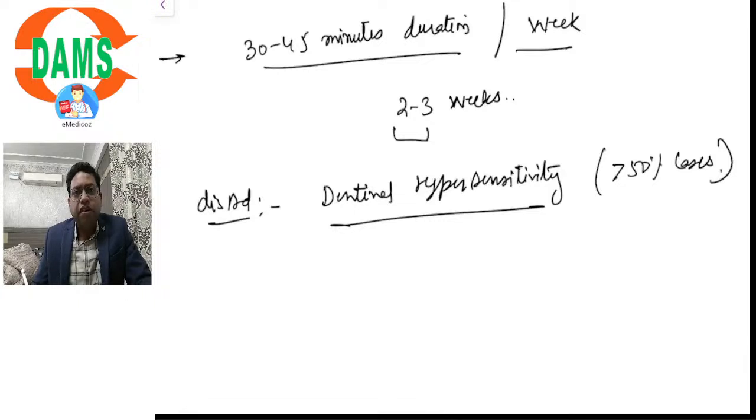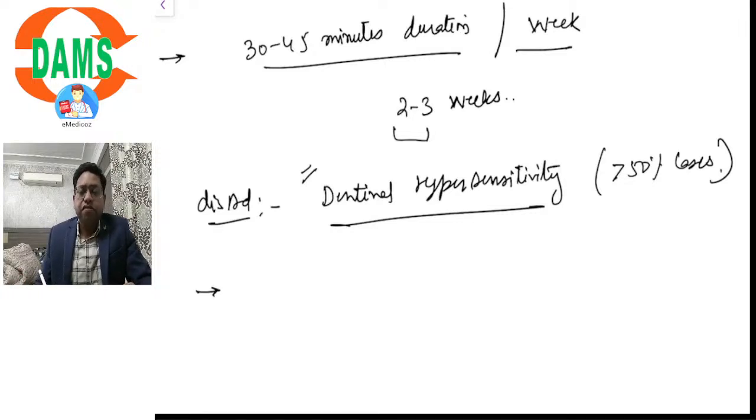As we know, we are applying a very strong chemical to vital teeth, so there is a high potential of dentinal hypersensitivity. The patient would complain of hypersensitivity for a couple of days or weeks after the bleaching treatment. That is the reason we never anesthetize the teeth while doing the vital bleaching procedure, so that if there is acute sensitivity, we can stop and terminate the procedure then and there.